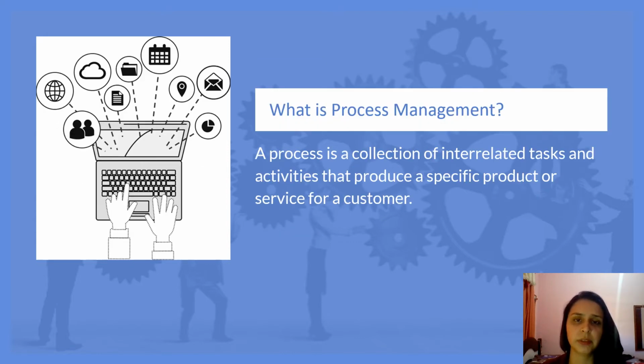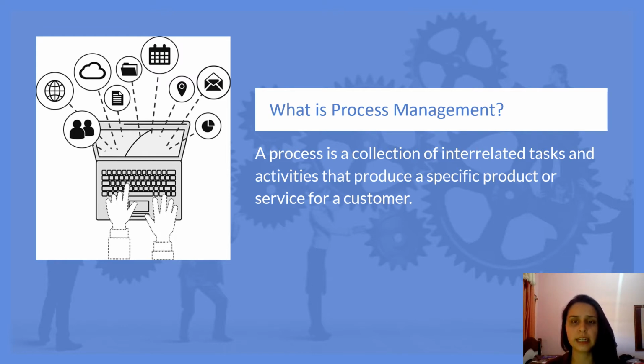As I said, this transformation, raw materials and finished goods, again, it's a process. So the manager needs to manage the process too, not only the production, right? So what is process management?